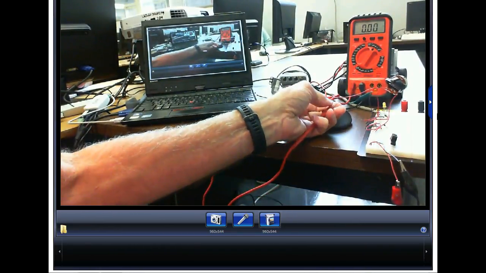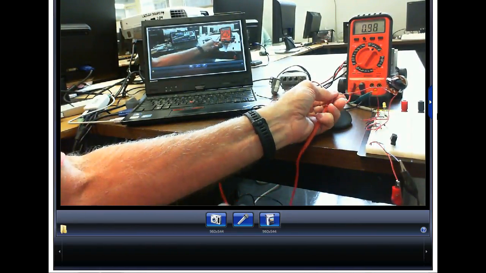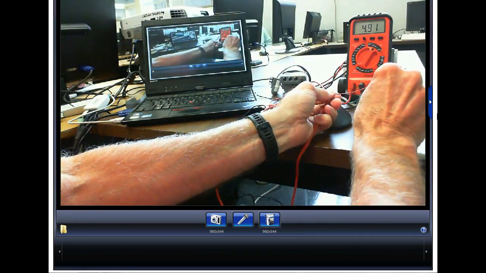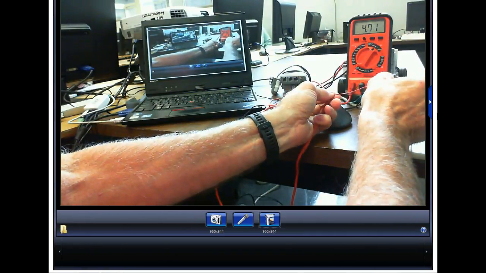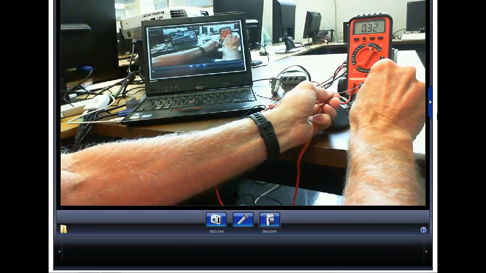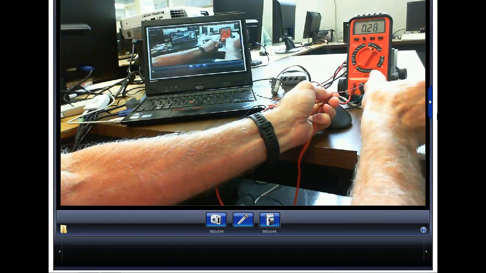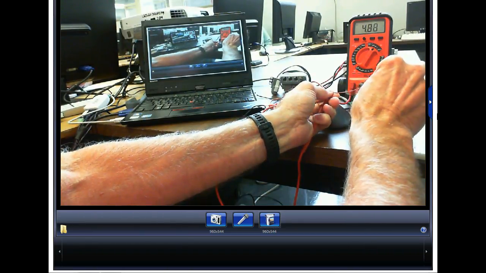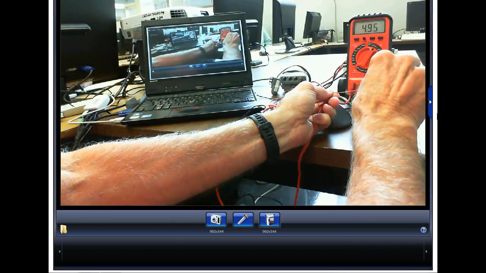What I'm going to do is go to this thing called a wiper and turn it. And you see as I turn it, I can get a voltage from basically 0 all the way up to 5 volts.